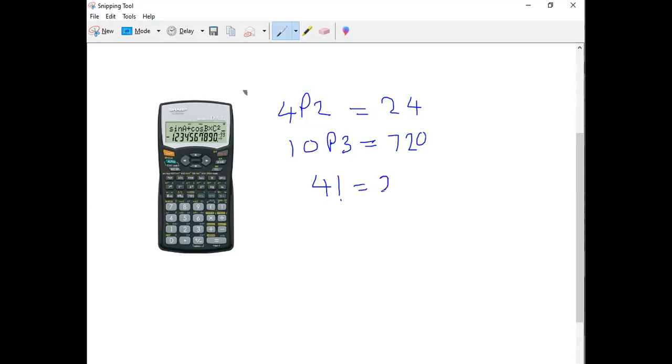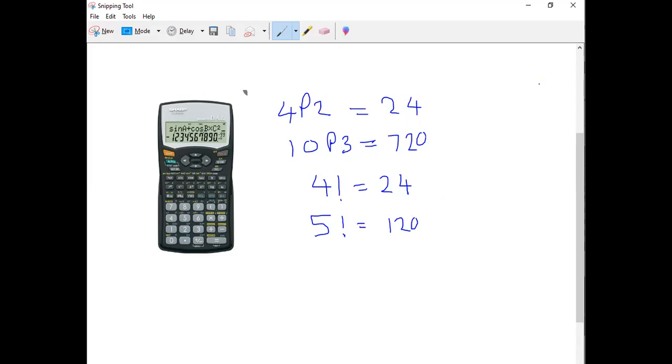What are you getting? 24. Great. How about 5 factorial? Find 5 factorial on your own. 120. All right.